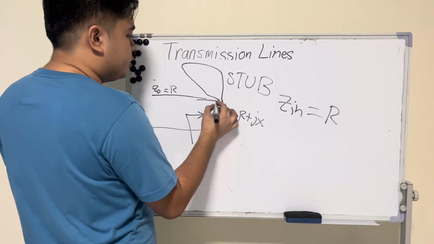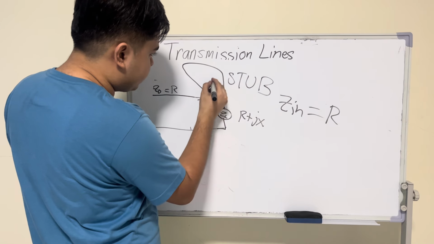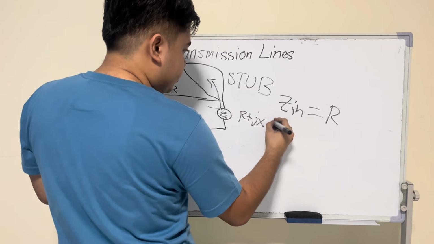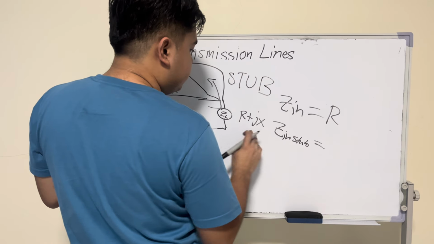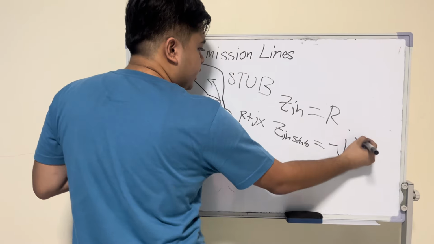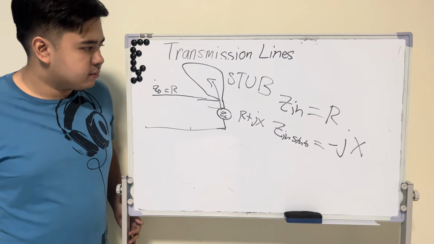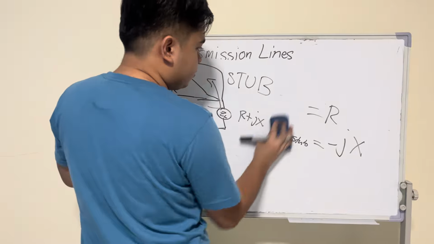So what we're going to do is the input impedance of the stub itself, the Z in stub, is going to be negating this reactive part. So it's going to be negative jX. Alright? So that's going to be our goal.